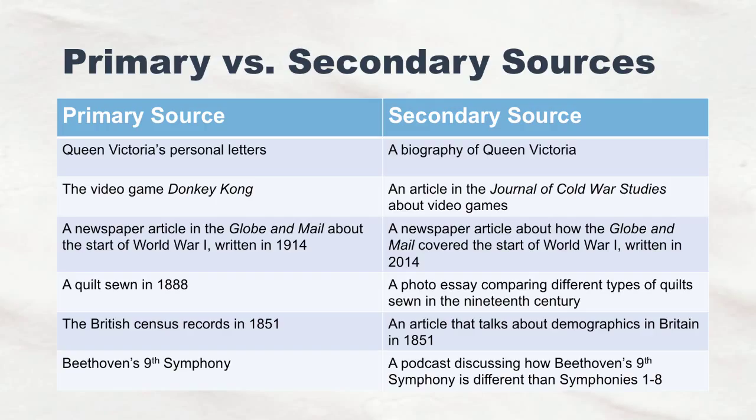If we were writing a research paper about how people thought about World War I in the year 2014, we could use a Globe and Mail article about World War I written in 2014. It would then become a primary source of 2014. It is not a primary source of 1914.